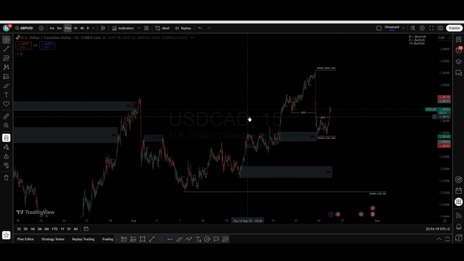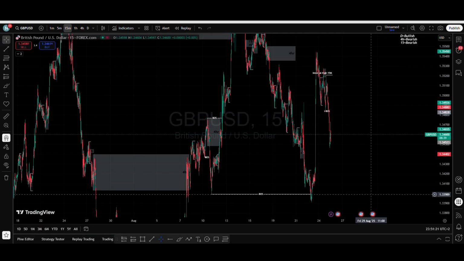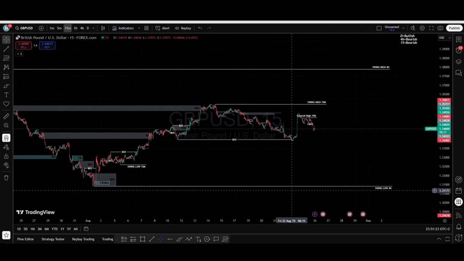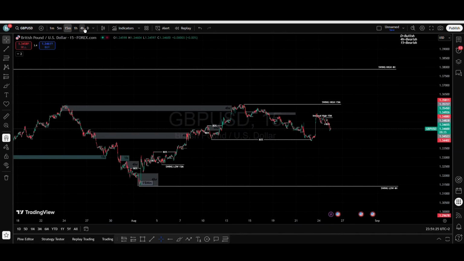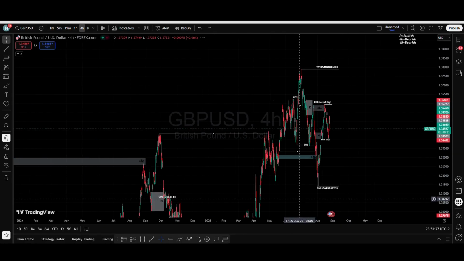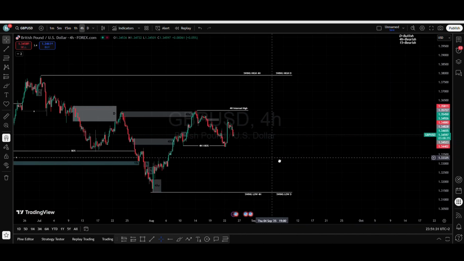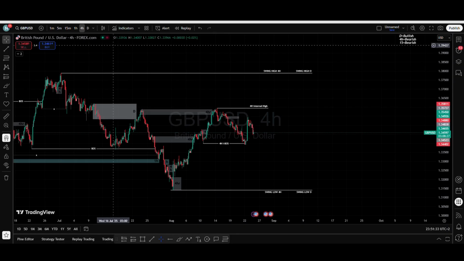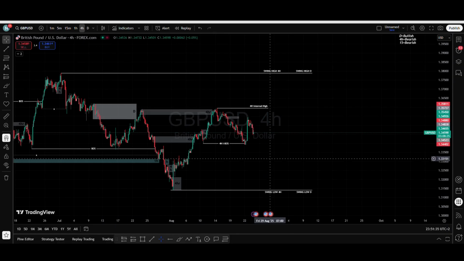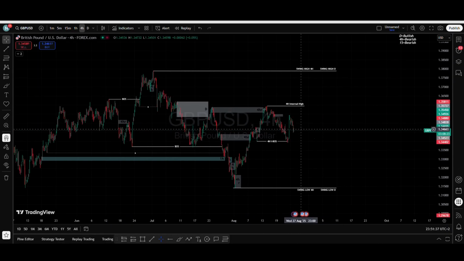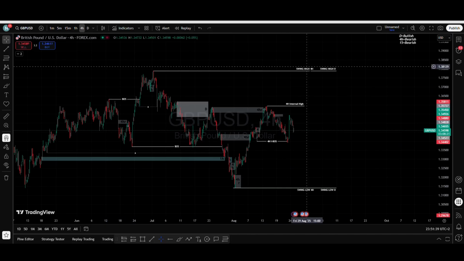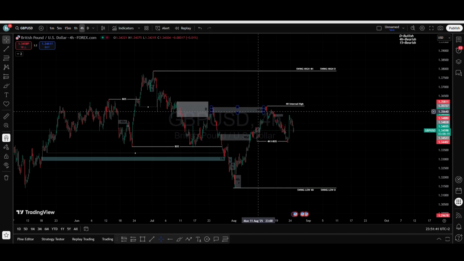And then moving on to GBP USD, you don't have much of a difference, in terms of a huge bullish move on Friday, but the overall swing for the 4 hour is bearish, right?